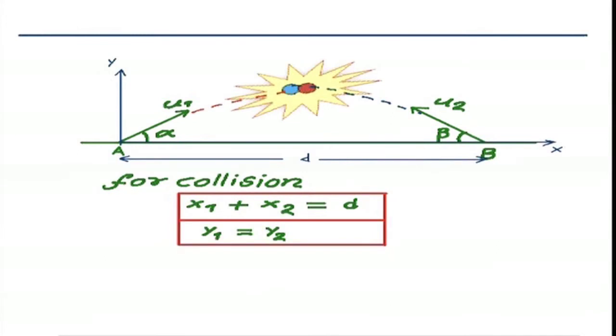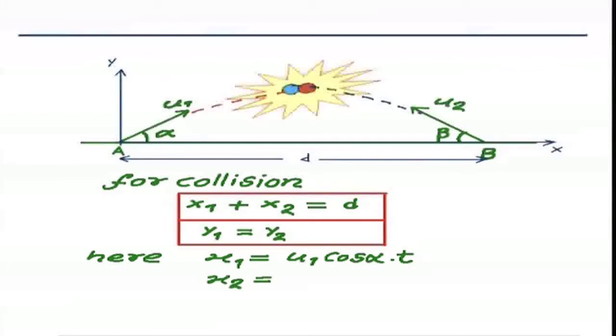So we are using values of x1 and x2 here to be x1 is equal to u1 cos alpha into the time t, x2 in magnitude only, it is u2 cos beta into t.